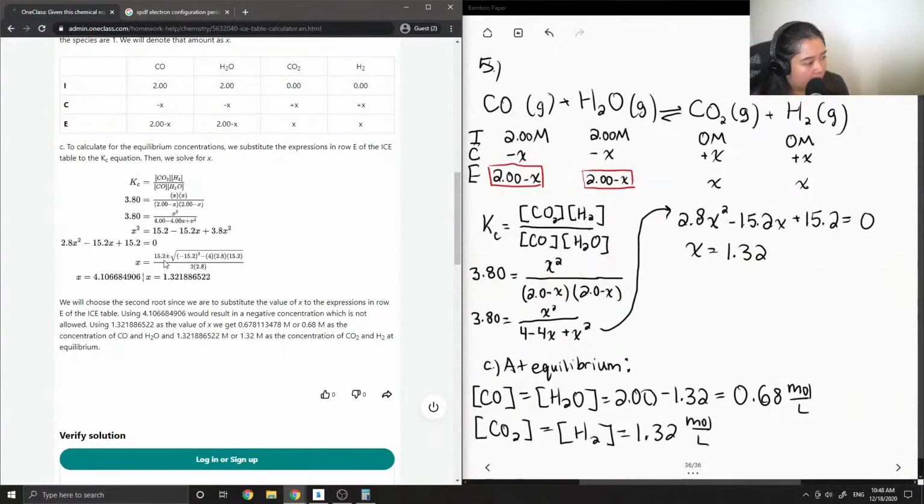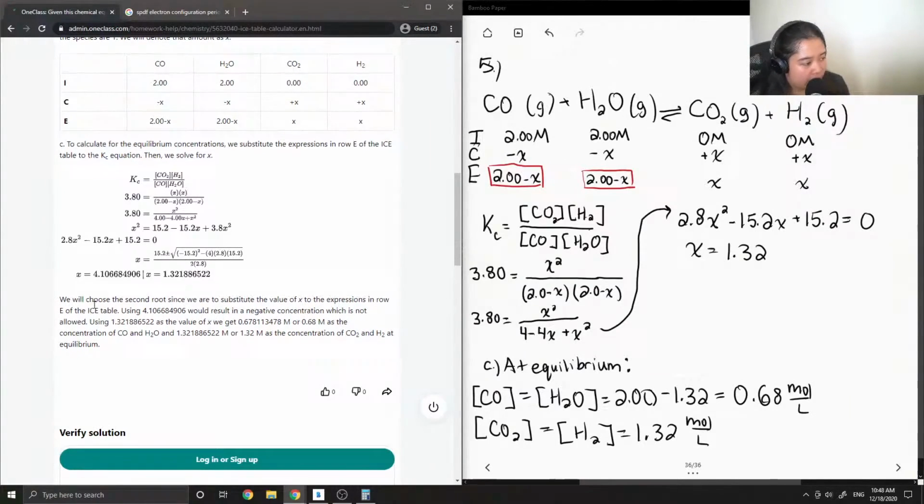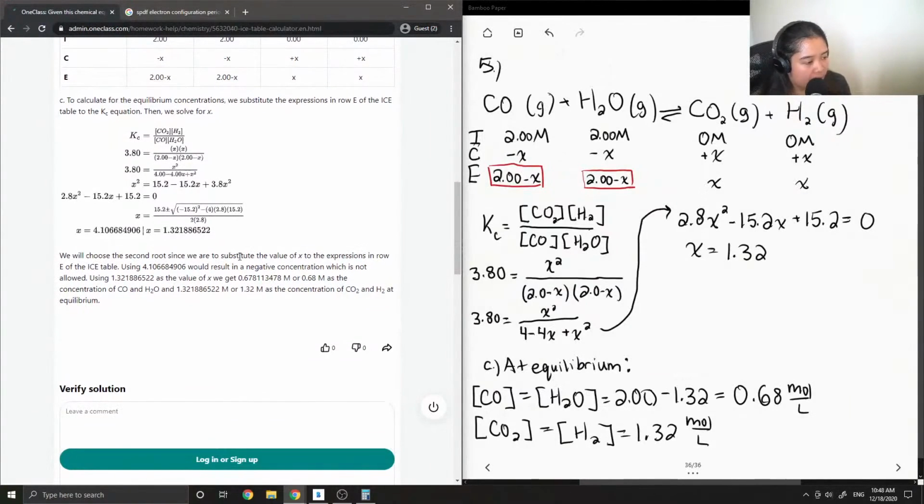And here they had x equals negative b plus or minus the square root of b squared minus 4ac, all over 2a. Okay, so you can see here that they got two different x values. One of them was greater than 2, and one of them was less than 2. So they said we will choose the second root since we are to substitute the value of x into the expressions in row E of the ICE table.